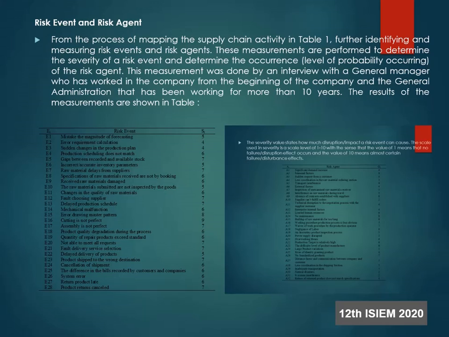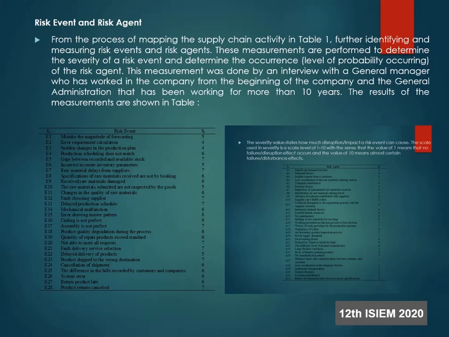This measurement was done by an interview with a general manager who has worked in the company from the beginning and the general administration staff who has been working for more than 10 years. The results of the measurement are shown in this table.